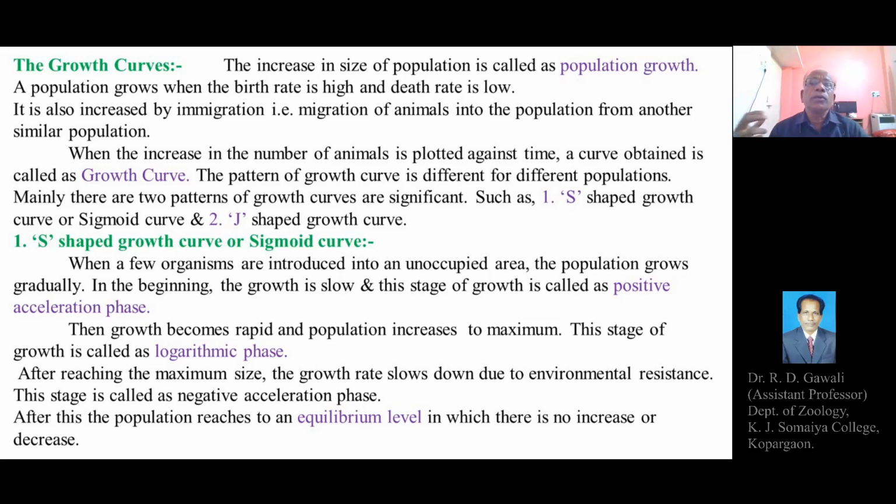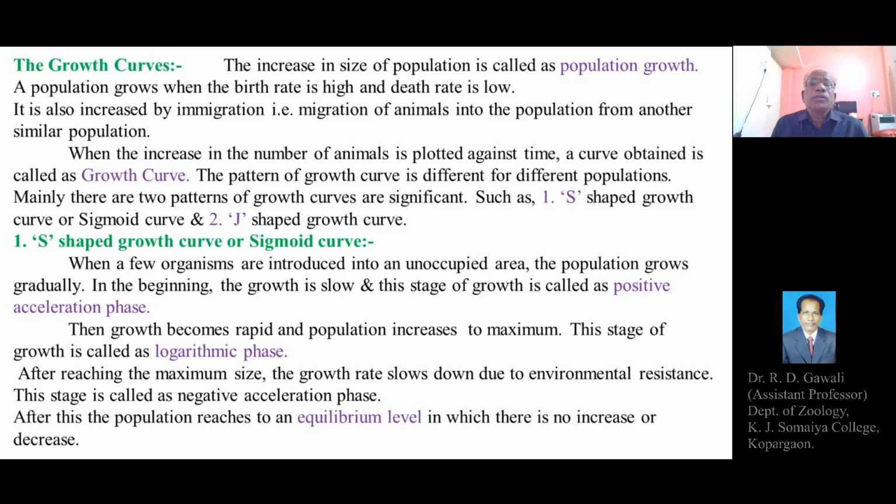A population grows when the birth rate is high and the death rate is low. So ultimately there is an increase in the number of individuals in a population due to increased birth rate and low death rate.